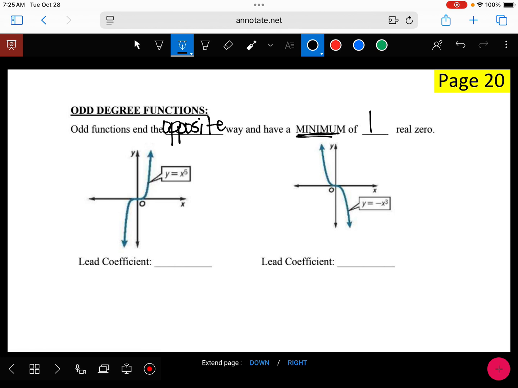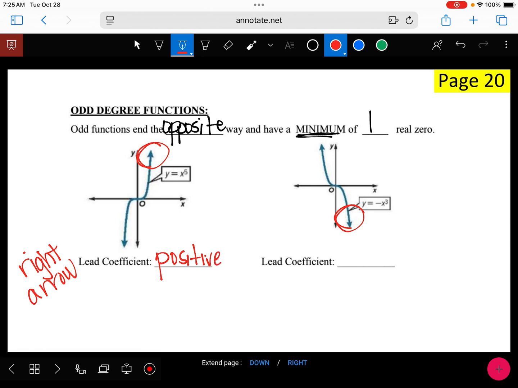When you're looking at an odd degree, you're going to focus on the right arrow. It's the right arrow. So this arrow is what tells you if it's positive or negative. On that one to the right, notice the arrow is going up, so it would be positive.